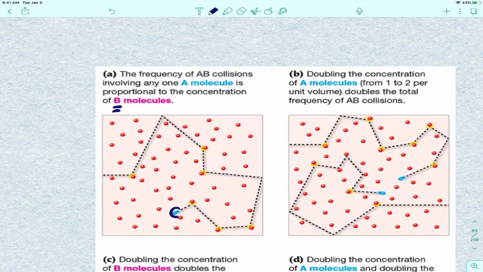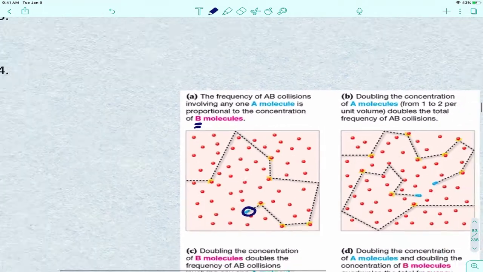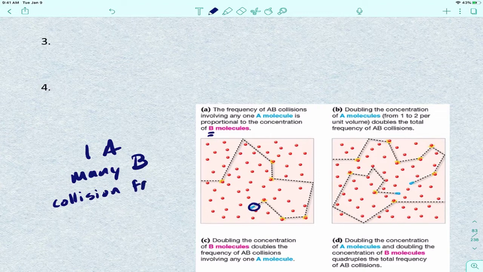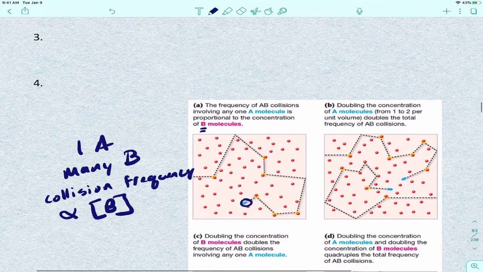The blue ball right here is proportional to the concentration of B molecules. So in this case, you've got one A and many Bs, and that means that the collision frequency is going to be proportional to the concentration of B because there are so many B molecules.